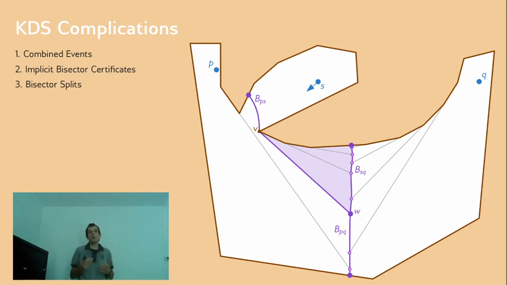Part of it is still the bisector between P and Q, but part of it, like this top part, has become the bisector of S and Q. And we have to deal with this splitting aspect.